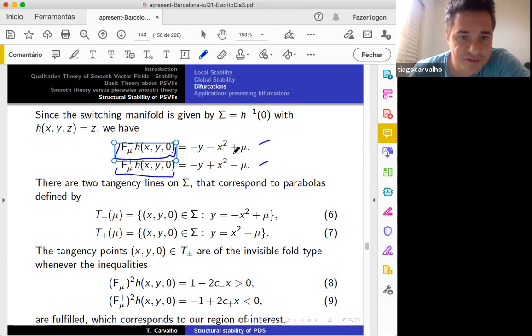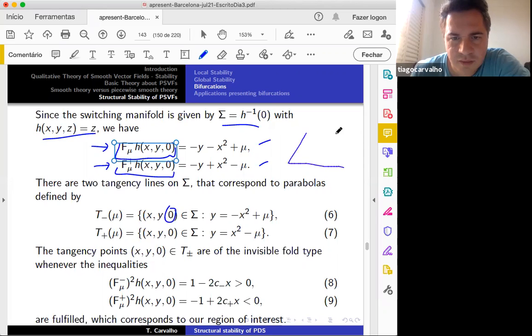Using these expressions, we saw that there are two tangent lines, one corresponding to this one and one corresponding to this one, at the plane x equal to 0, which is the switching manifold.